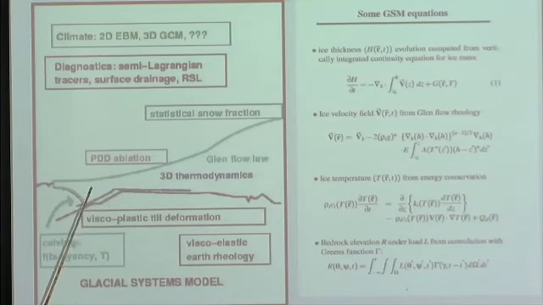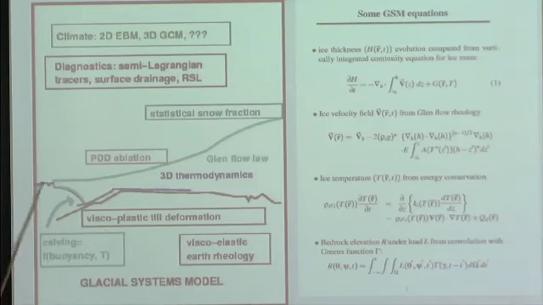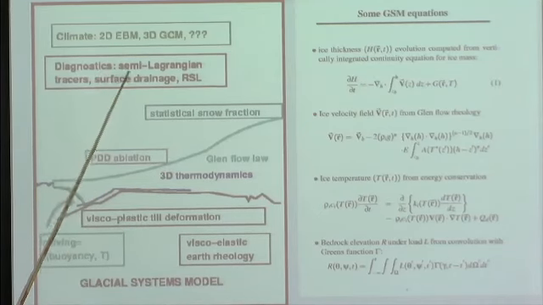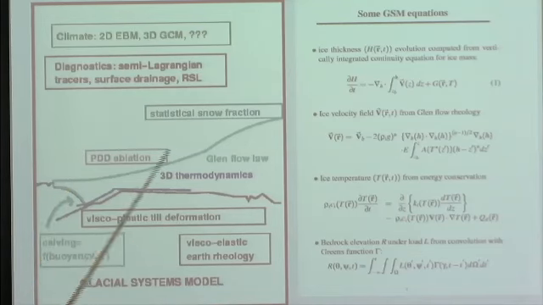Viscoplastic till deformation, and the bedrock rheology uses a Green's function approach, so it's a global response to surface loading, and a number of heuristic, but I think fairly well-grounded, parameterizations given the state of the art for calving, surface ablation, and computing snow fractions.